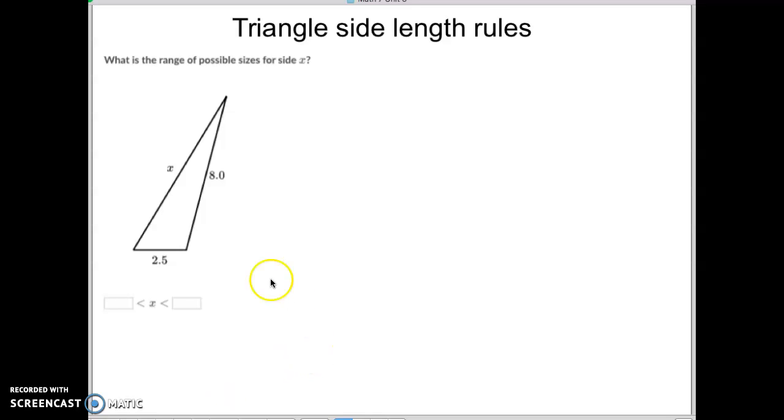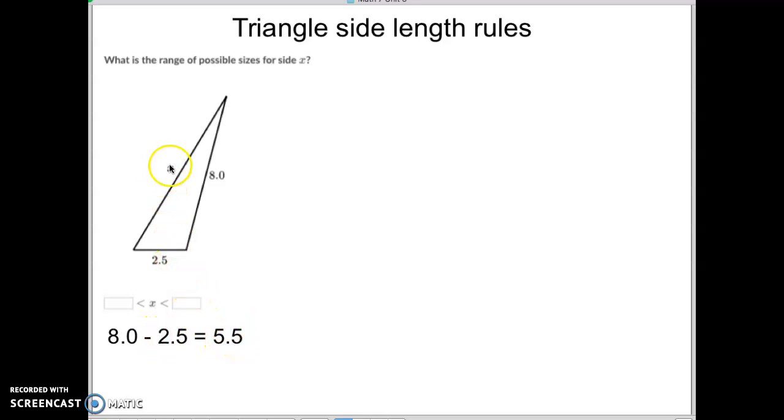So here's kind of what we look at. When we look at this one right here, let's take a look at this side. If we took this side here and we subtracted this side here, 8.0 minus 2.5 would be 5.5. We know that 2.5 plus 5.5 would equal 8.